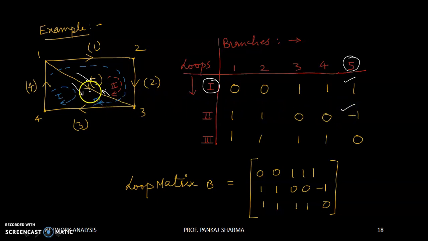Branch number 5 is not contained within loop number 3. This is your loop number 3. So it is 0. So put this in a matrix representation. It is your loop matrix B.